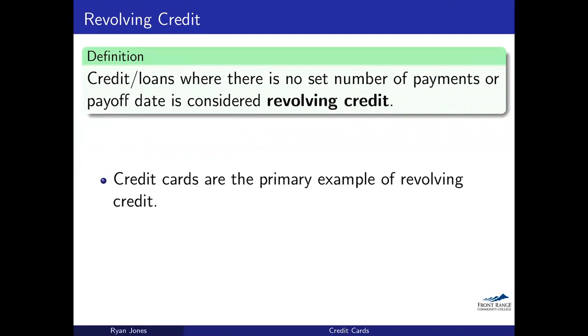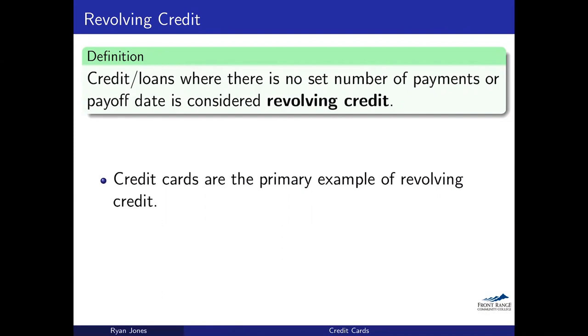Basically, if you have a loan where there's no set number of payments or set payoff date, think of all the types of loans we've talked about, car loans, installment loans, where you had monthly payments, but in this case we don't have a set number of payments or a set payoff date, we call that revolving credit. And the primary example of this is credit cards.